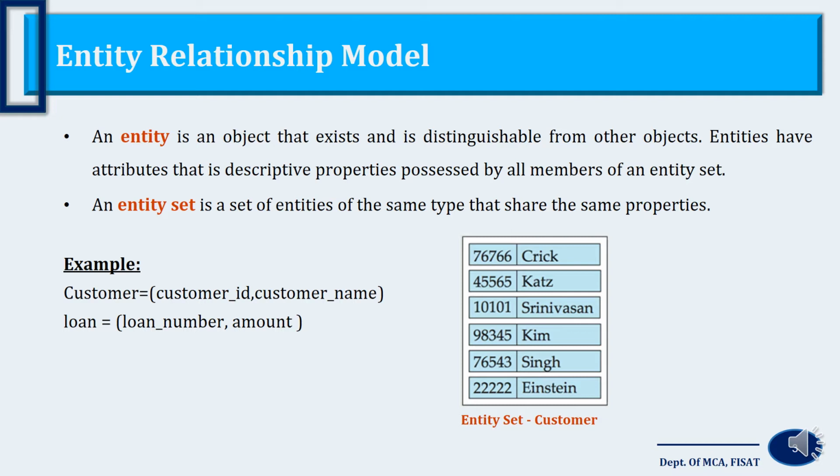Okay, fine. What do you mean by an entity actually? An entity is nothing but a real world object which is distinguishable from other objects. Each entity will have its own properties and these properties are termed as attributes. And the entities of the same type that share the same properties can be grouped together to form an entity set. Student is an example of an entity. Customer is another example.